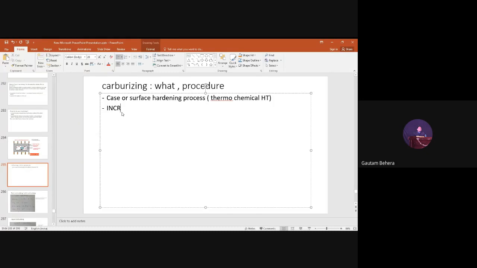We are increasing the weight percentage of carbon on the surface.